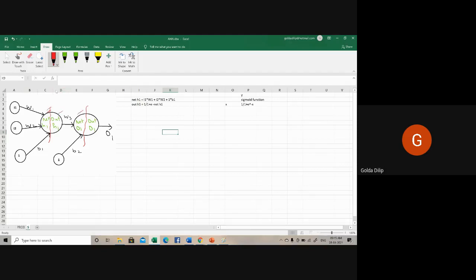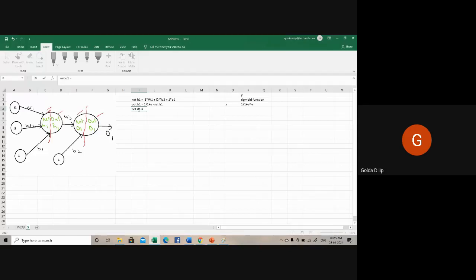Next is net O1 and out O1. Net O1 will be equal to, now what is the input coming in?